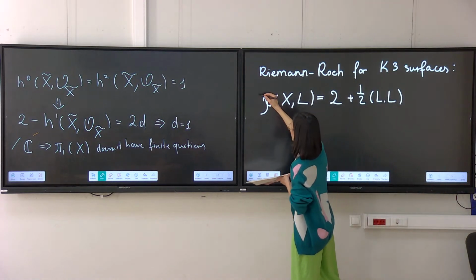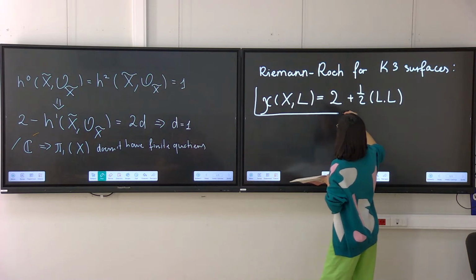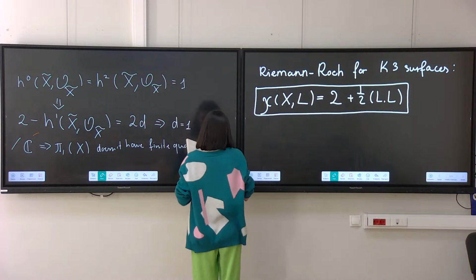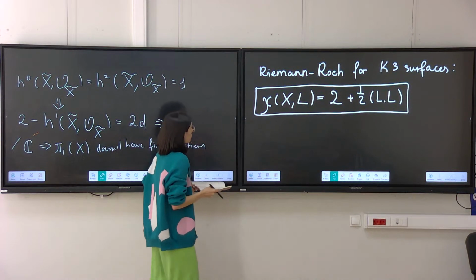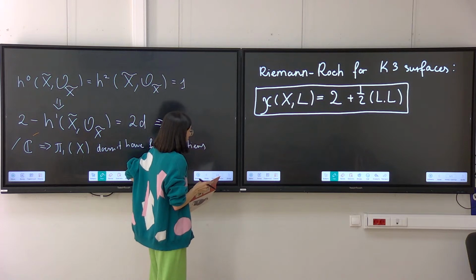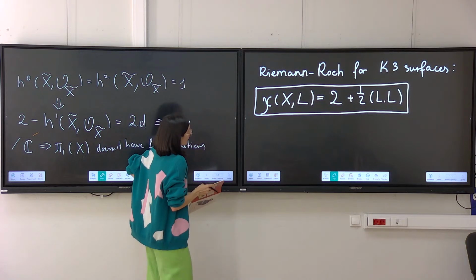So in the case of a K3 surface, it has a very simple form. Now let me also formulate how we can play with this formula.